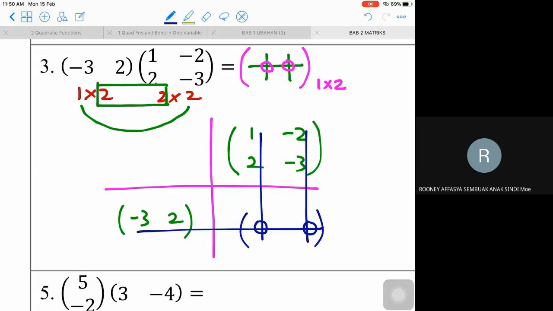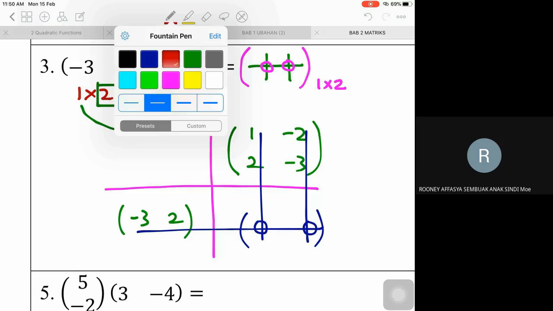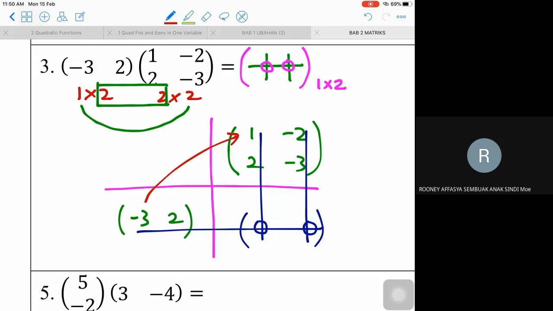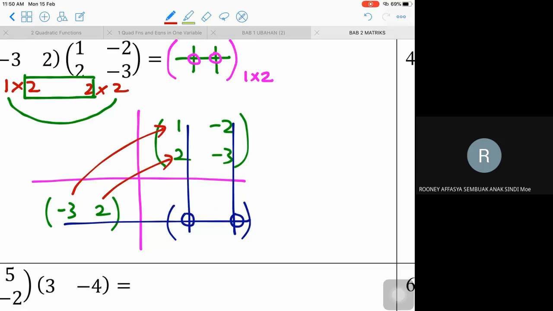So for the first one, -3 times 1 plus 2 times 2. Okay, so I write here: negative 3 times 1 is negative 3, plus 2 times 2 is 4. Negative 3 plus 4 is 1. You can directly give the answer.